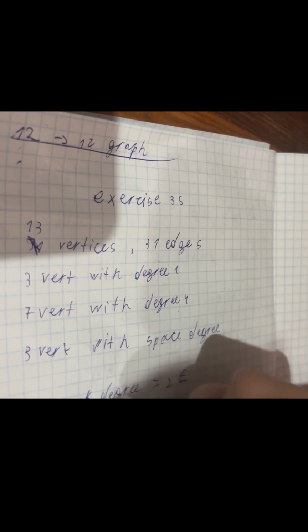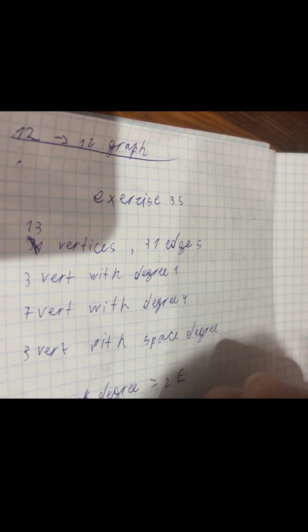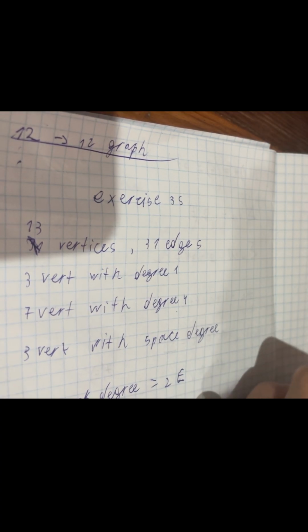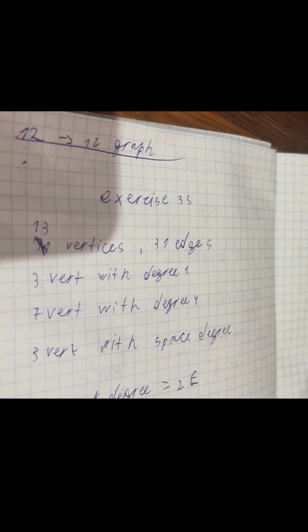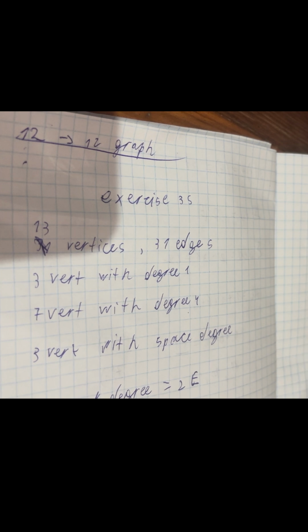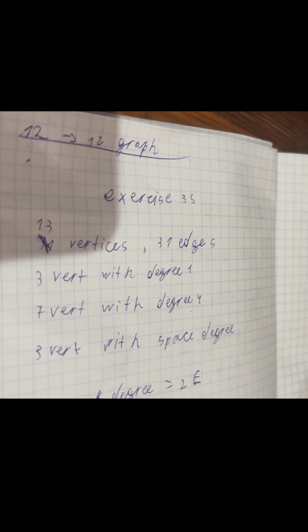If we use 62 minus 3 vertices of degree 1 minus 7 vertices of degree 4, we get 31. Oh, and what can we do with that?